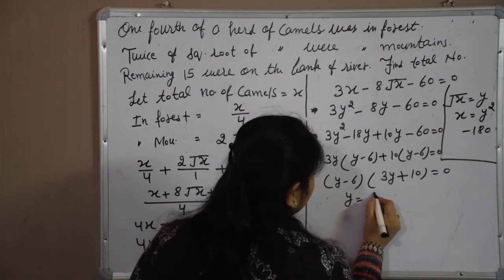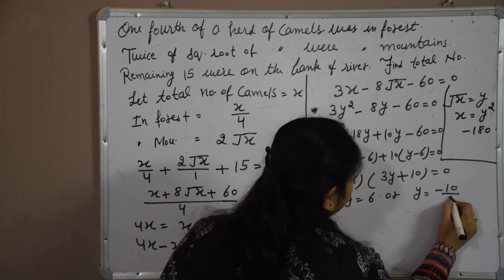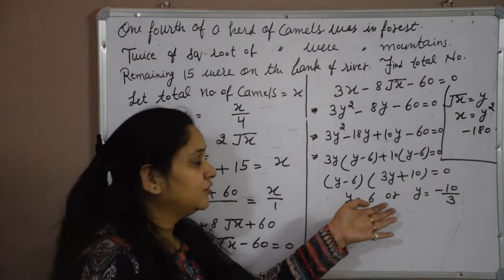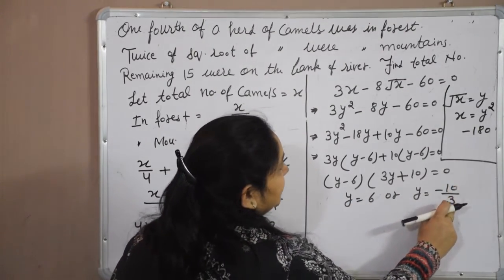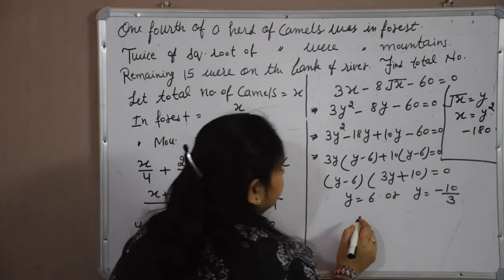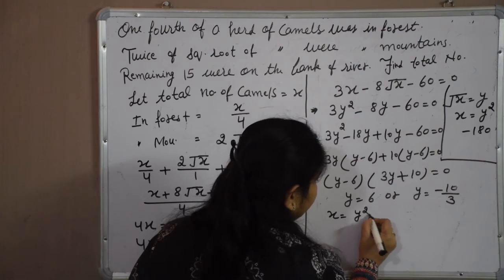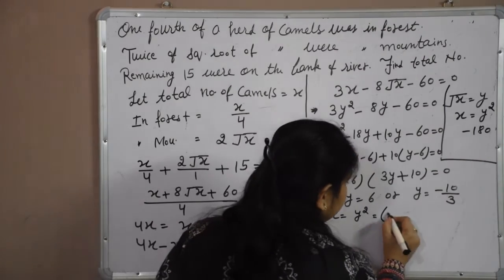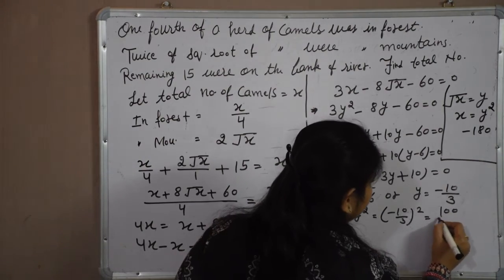From here y is equal to 6 or y is equal to minus 10 by 3. We got two values of y, but whenever y is minus 10 by 3, x is equal to y square, which becomes minus 10 by 3 whole square, that is 100 by 9.